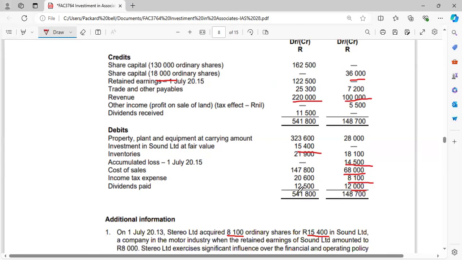Then what else to get to the profit? We have the cost of sale, then the income tax expense. But income tax, we can take it as a separate line item. So we just need the gross profit, which is going to be revenue 220 minus cost of sale.